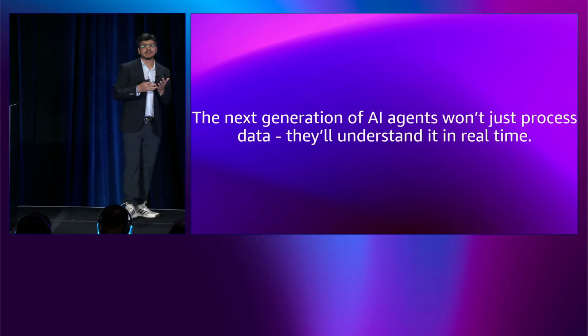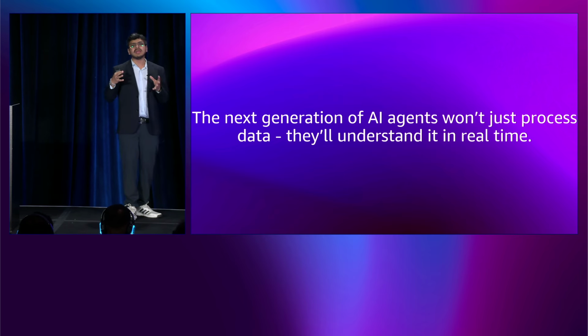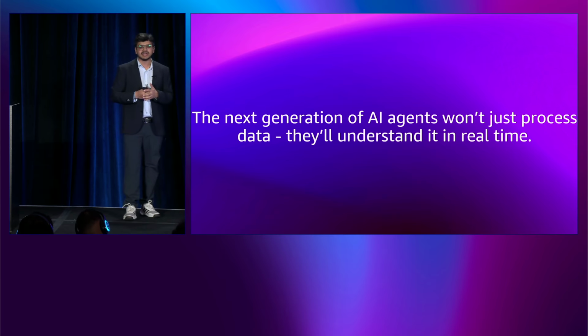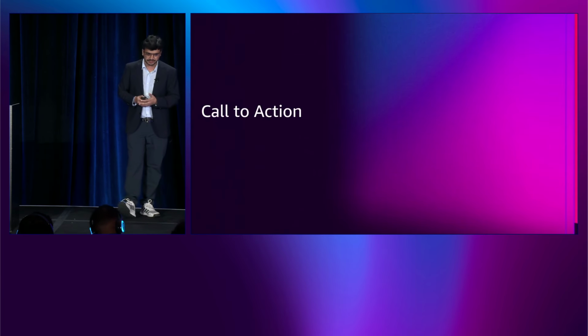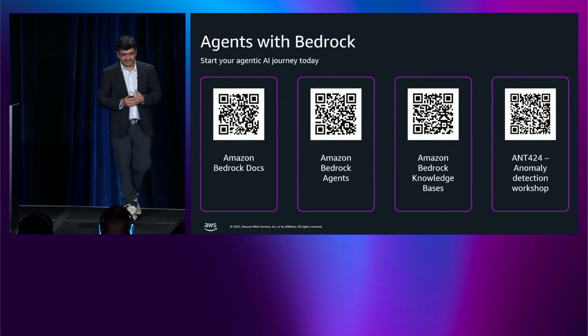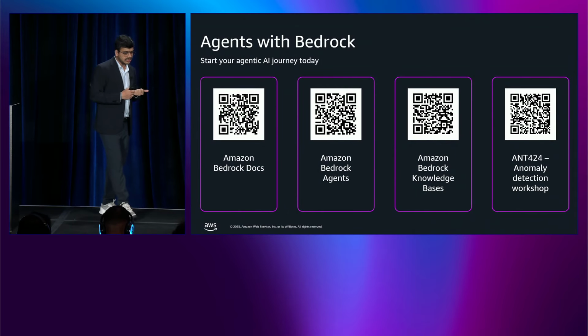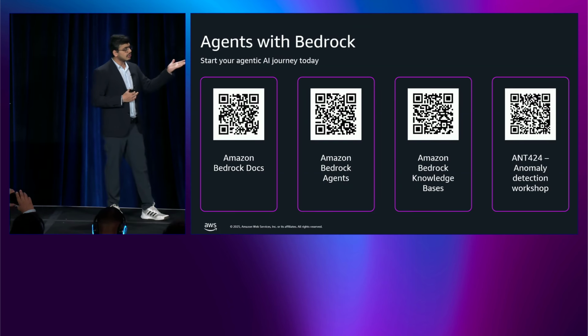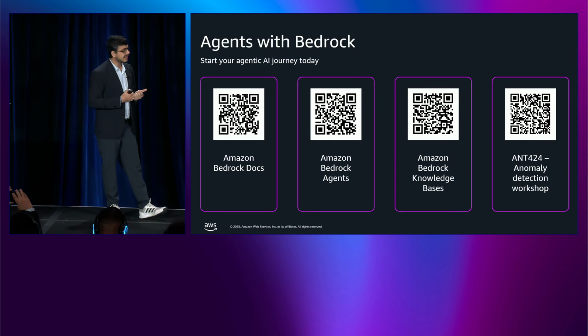And here it's not like one industry. You can combine all the 3 or 4 different industry use cases, which can give you a 360-degree view of what's happening in your system. And some of the call to action, so here we have some resources where you can learn about Bedrock agents, Amazon Bedrock, and also at the last we have the anomaly detection workshop.